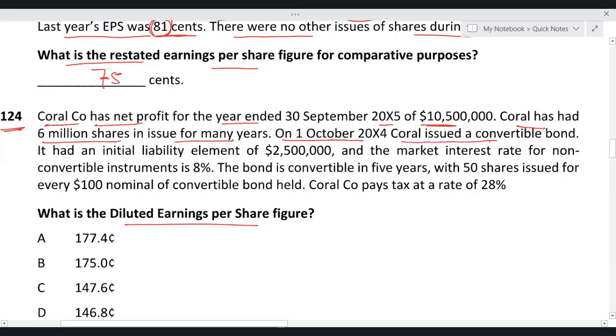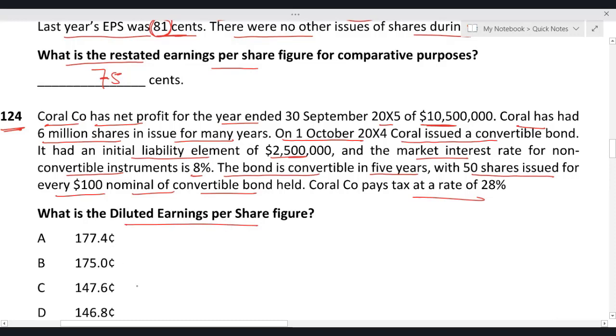A convertible bond is a potential ordinary share. It had an initial liability element of 2.5 million. Market interest for a non-convertible instrument is 8%. The bond is convertible in 5 years with 50 shares issued for every $100 nominal of convertible bond. The tax rate is 28%. The examiner is asking to calculate diluted EPS in cents.